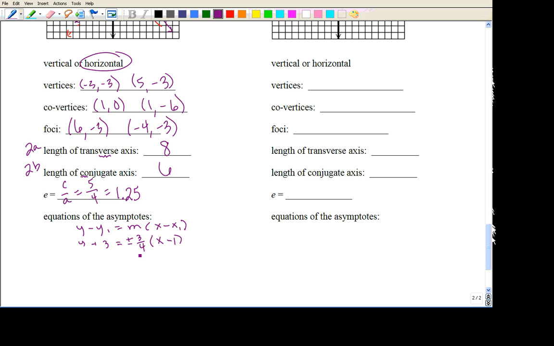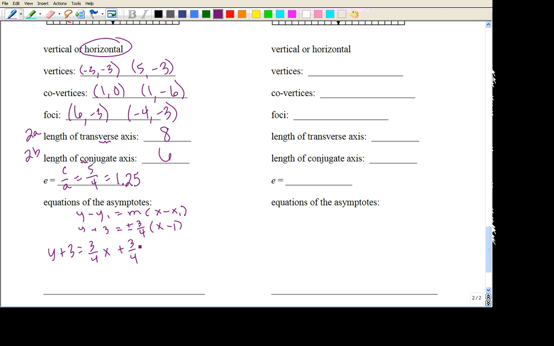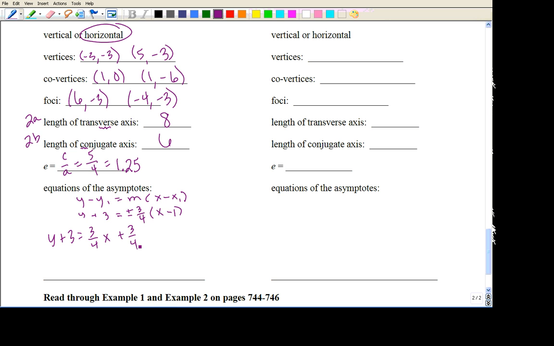So then, let's do both of these. If I distribute the positive 3/4, I have y plus 3 equals 3/4 x, and then positive 3/4 times negative 1 is negative 3/4. And then if I subtract the 3 over, with a common denominator of 4, that one becomes y equals 3/4 x minus 15 over 4.